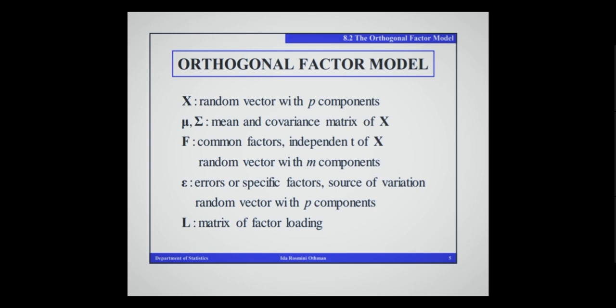Dinamakan error of specific factor. Sources of variation random vector with P component. So it is the, actually ini juga adalah variation of the random vector of F.